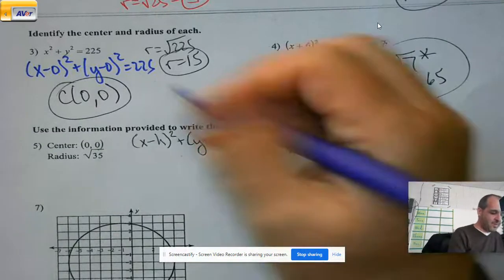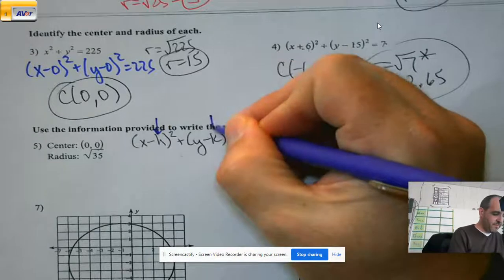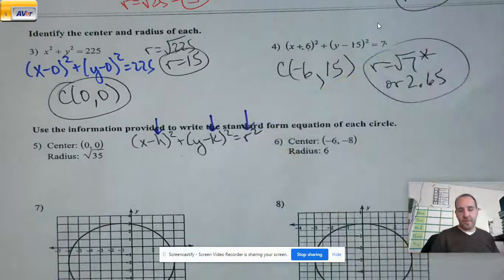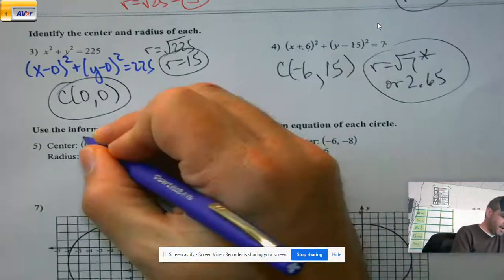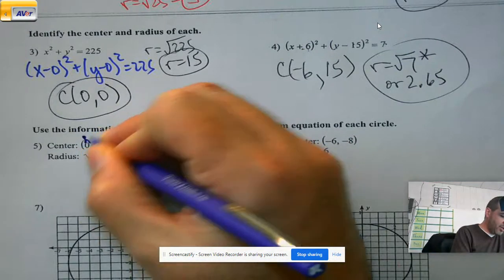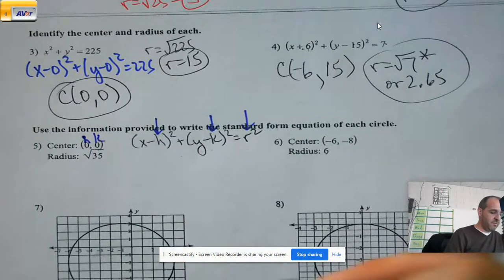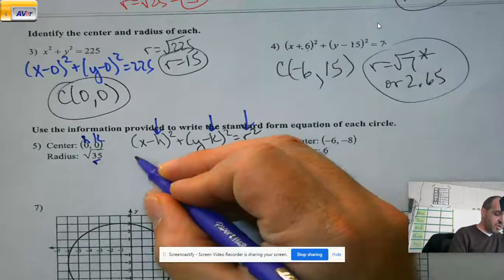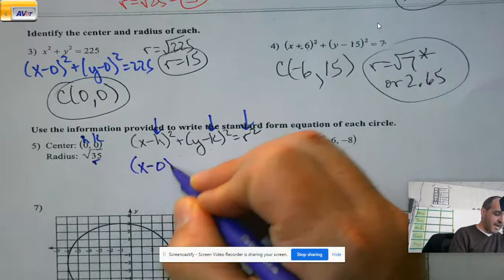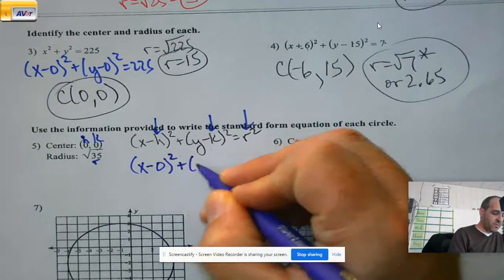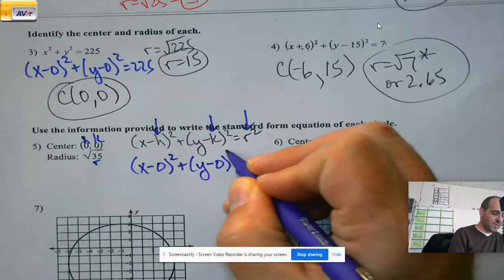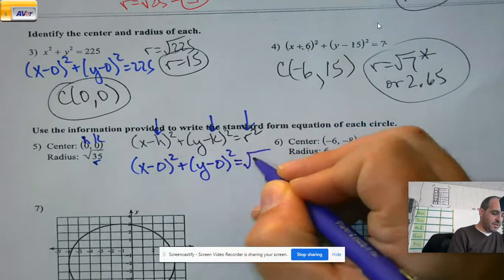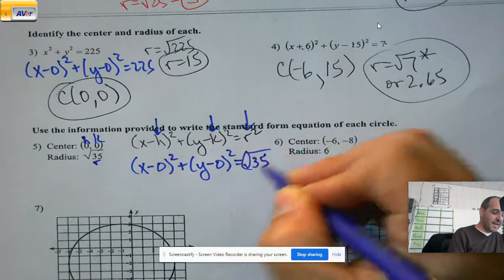When I have this and I'm trying to write an equation, those are the 3 values I'm plugging in. Okay, so I'm going to do that first because this is my H, this is my K, this is my R. So x opposite of h squared plus y opposite of k squared equals my radius squared.